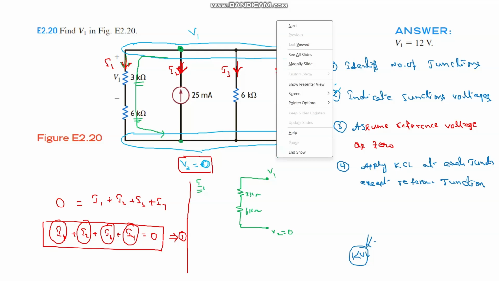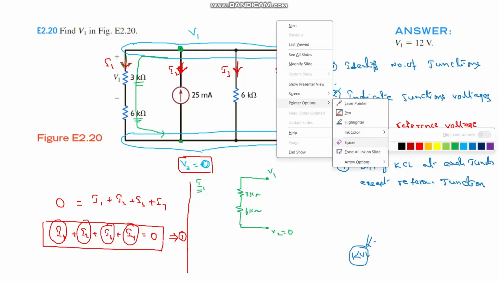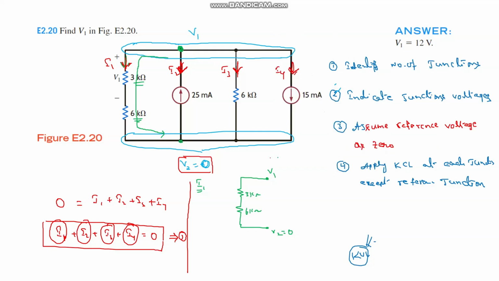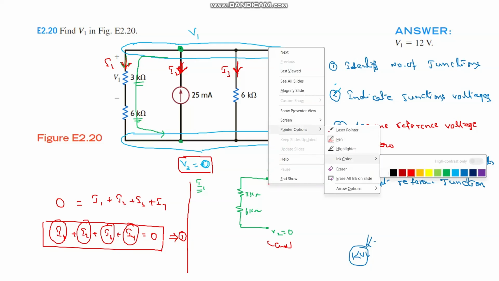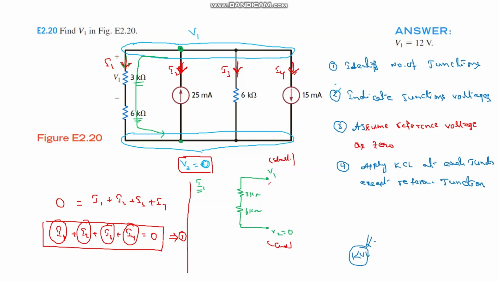This is the starting point V1 and this is the end. In this case, I am assuming the starting voltage as negative and the end voltage as positive.